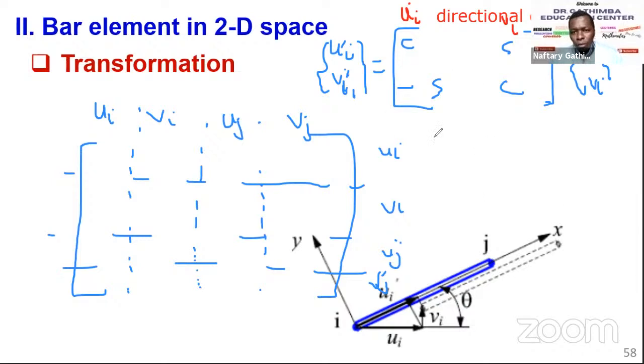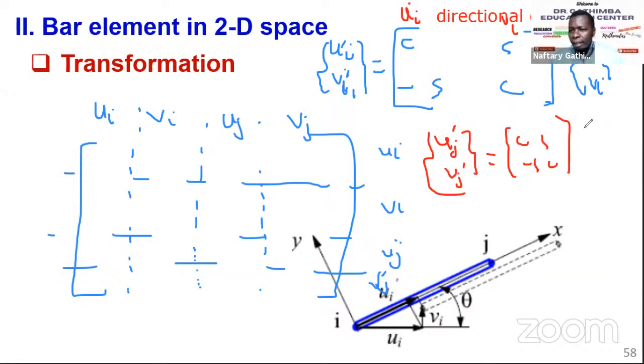Same case for the second node. You have UJ prime, VJ prime, being equal to the same matrix, the cos, sine, minus sine, cos, then UJ, VJ, when you do that derivation.